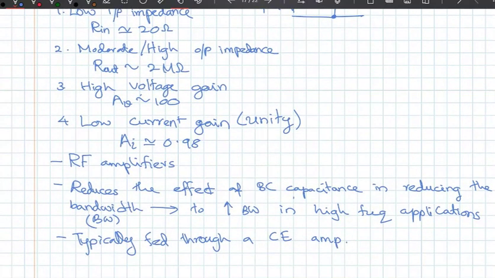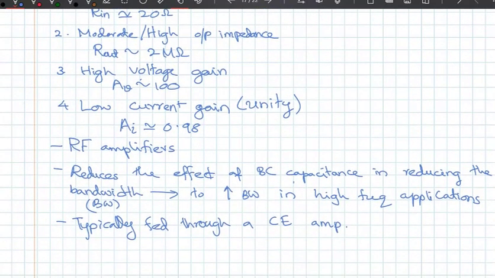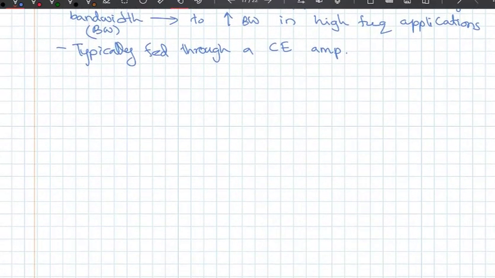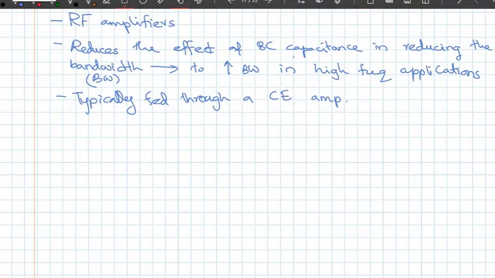Often the source can be overloaded if you directly connect this. So to avoid that, we use a common emitter amplifier to obtain the voltage gain, the current gain, as well as the input impedance requirements. Okay, let's look at an example here.